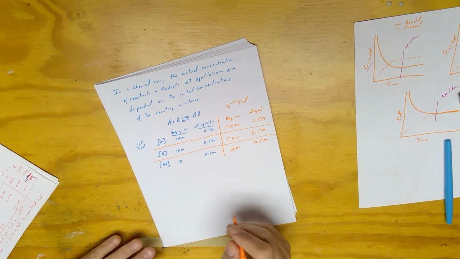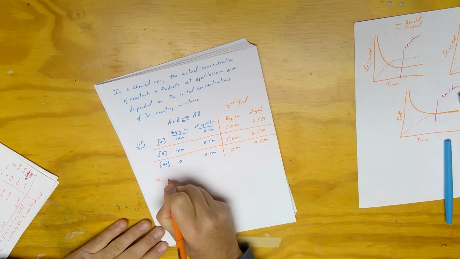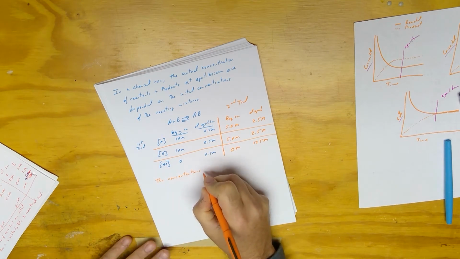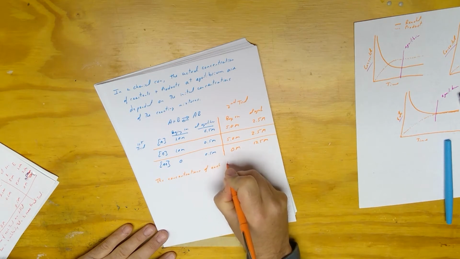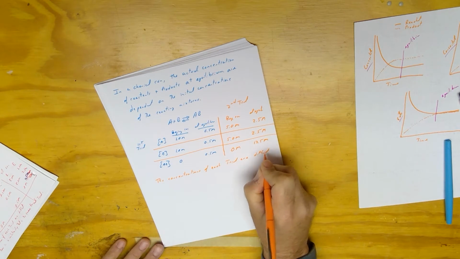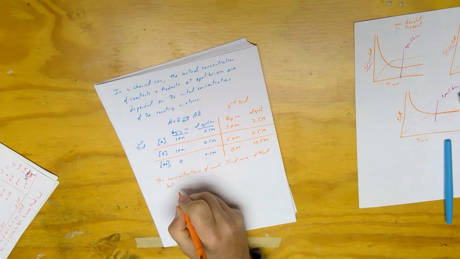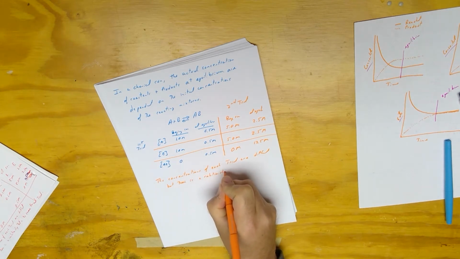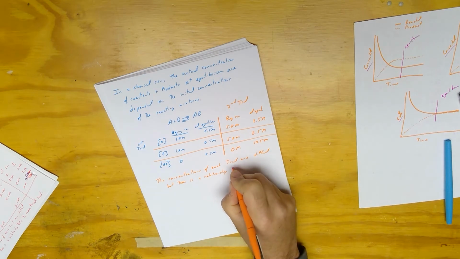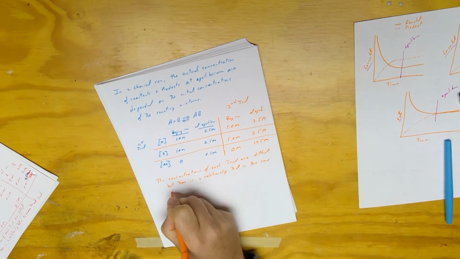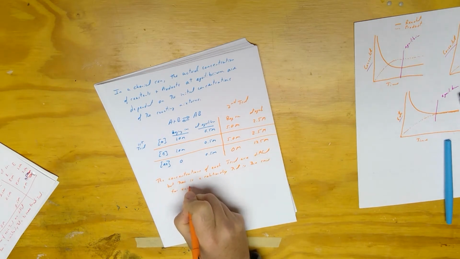So the concentrations here of each trial are different. But there's a relationship that is the same for each trial.